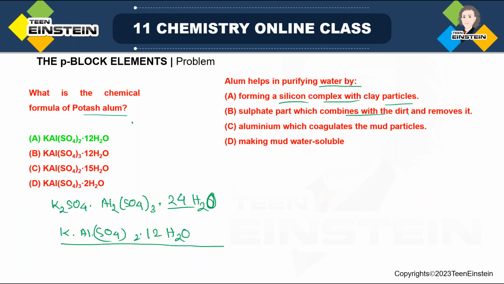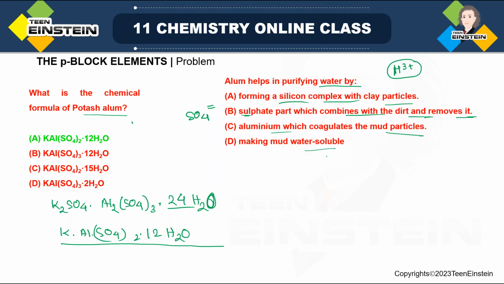The sulfate part which combines with the dirt and removes it. But in the previous slide we have seen that aluminium 3+ is basically responsible for coagulating. So the next statement, aluminium which coagulates the mud: it is not the anionic part which is helping in coagulation, but the cationic part. So this should be the correct option.